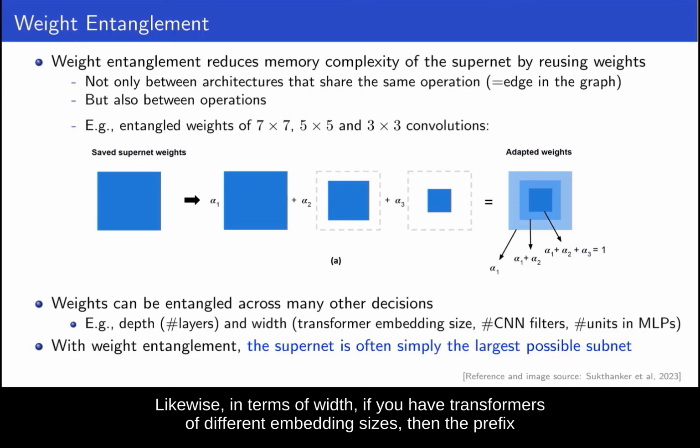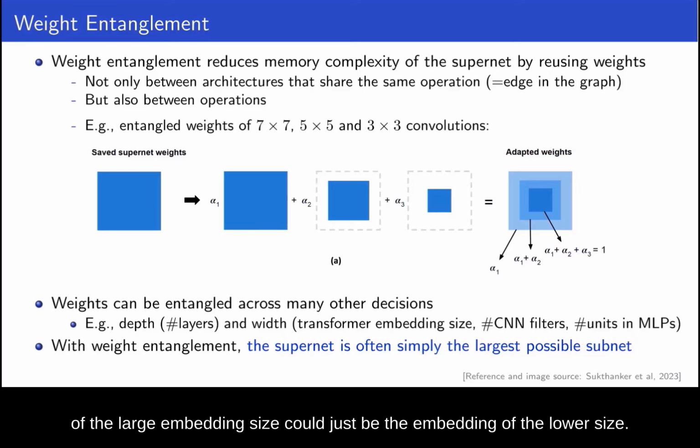Likewise, in terms of widths, if you have transformers of different embedding sizes, then the prefix of the large embedding size could just be the embedding of the lower size.